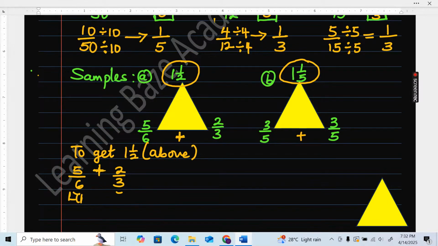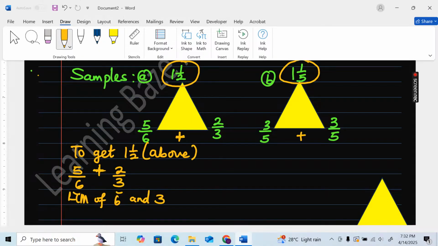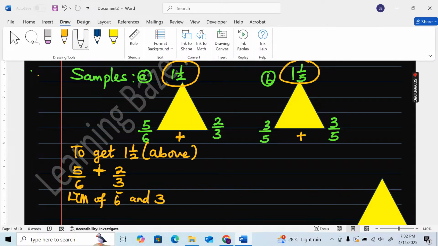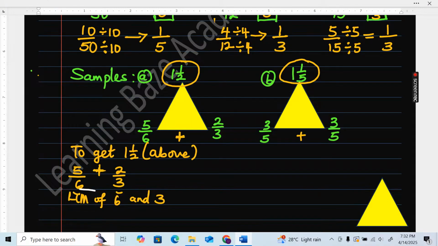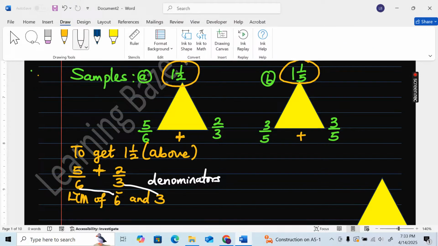So we have to find the LCM of 6 and 3. That is the LCM of the denominators. These are the denominators, 6 and 3. That's the first thing before you can add fractions.